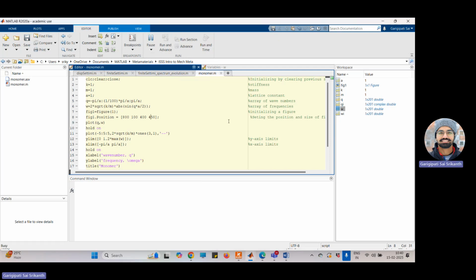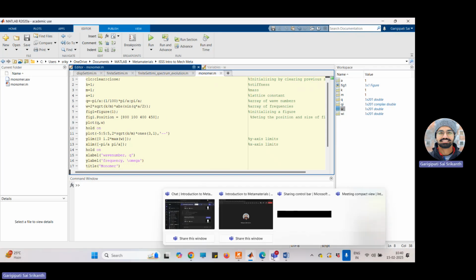And we know it'll close because we wrote this command here, close. So this command is really helpful. Sometimes some of your figure windows may be inaccessible unintentionally by mistake. So it really helps.